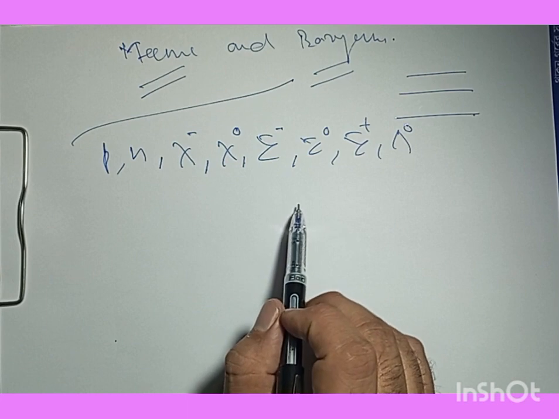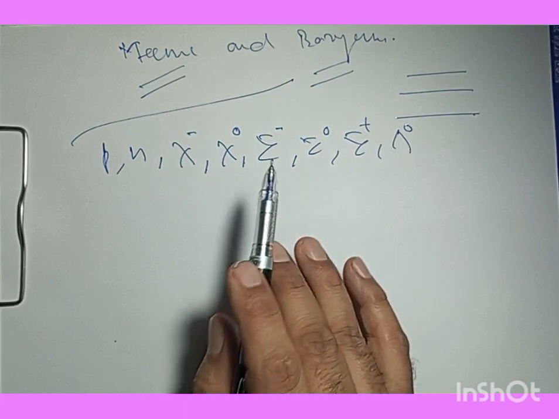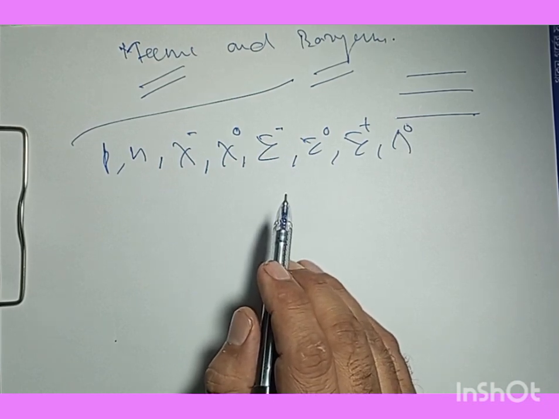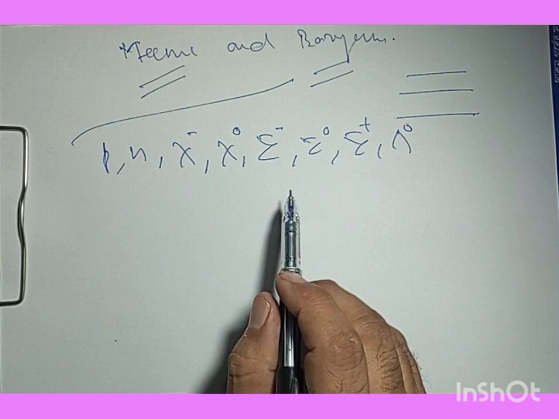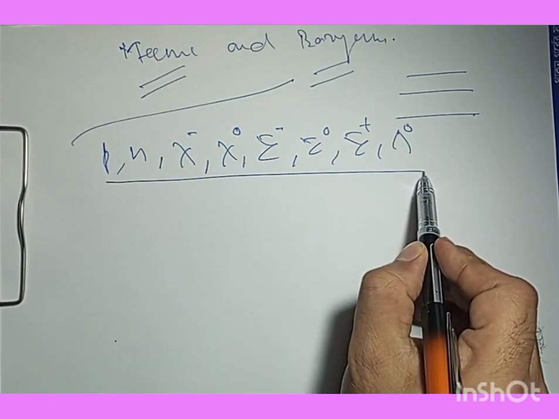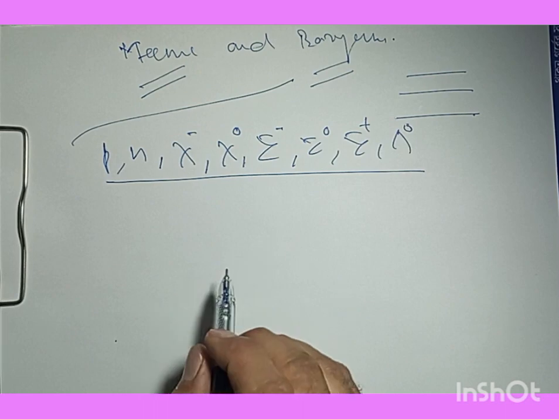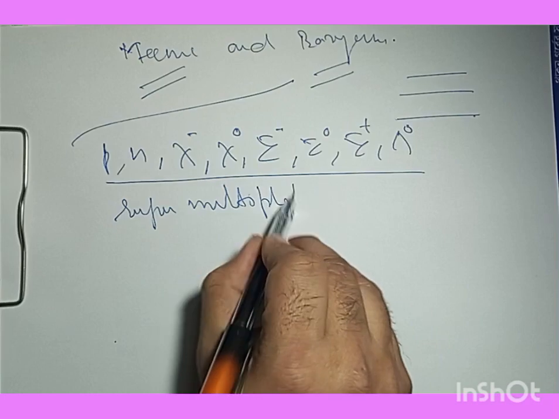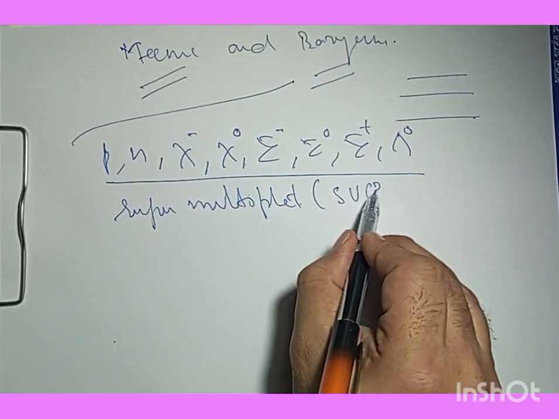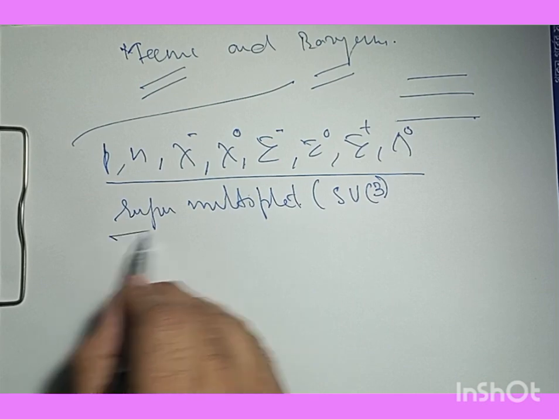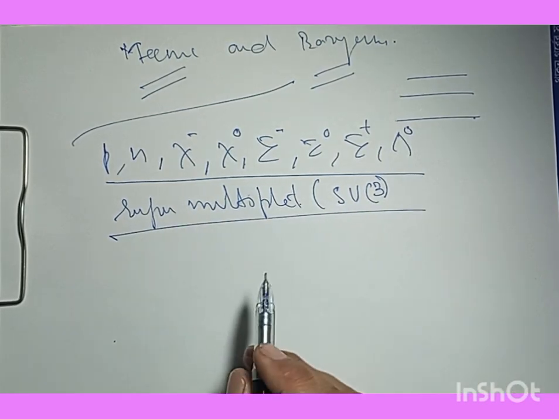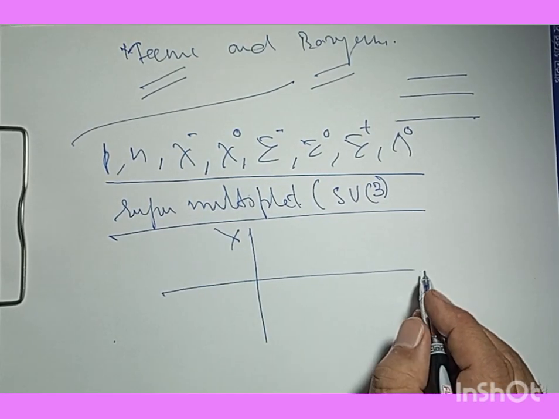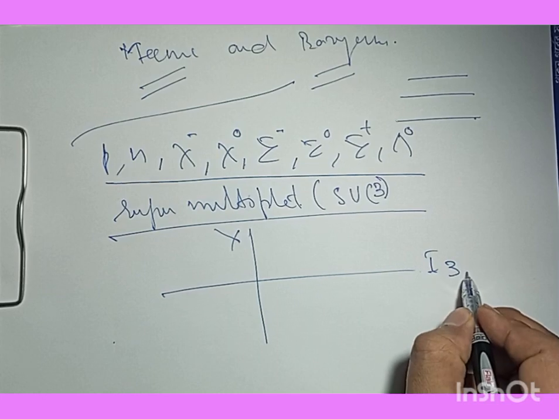Gell-Mann and Ne'eman proposed the existence of a group of these 8 baryons in a supermultiplet. We call it the SU3 supermultiplet.